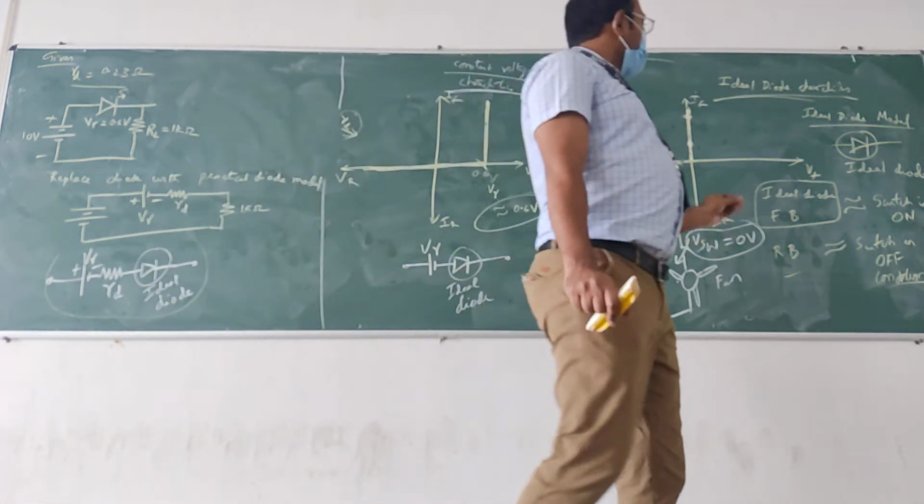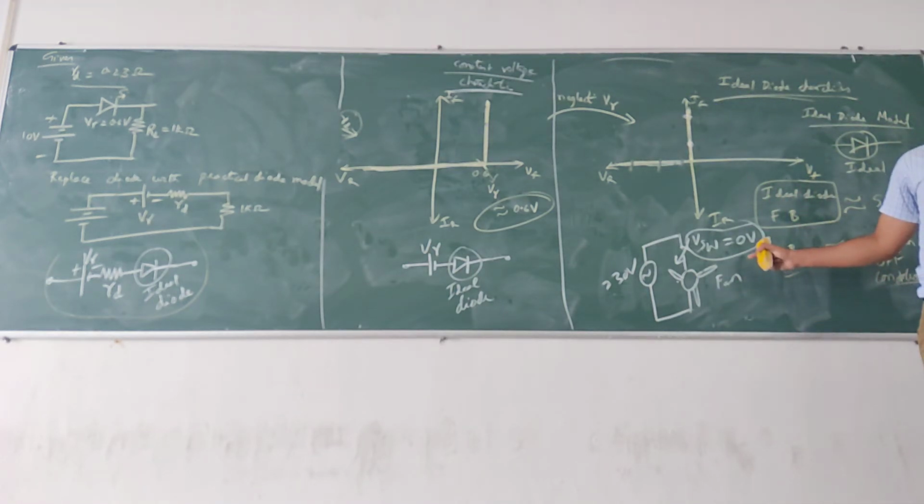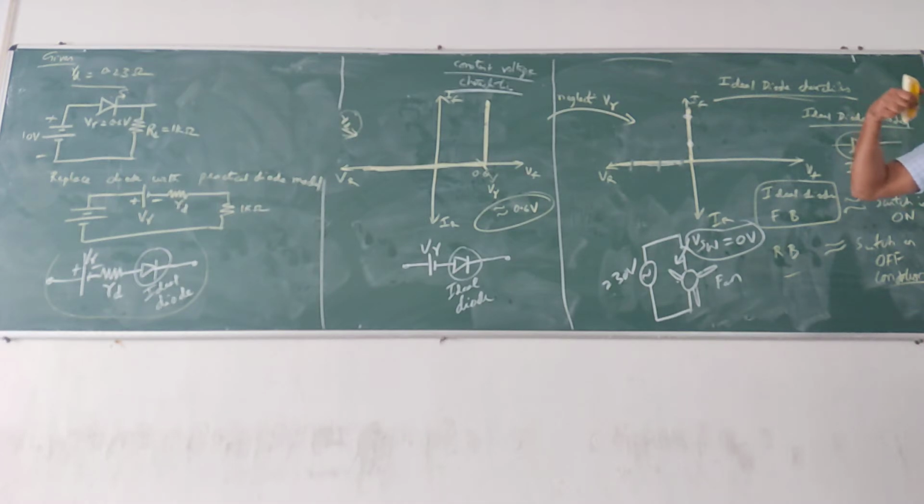What is an ideal diode under forward bias condition? Switch on. Whether you directly connect a fan with the plug or you put a switch on, both are the same. Is it? Without a switch, I will directly put it inside the plug point, which has a direct connection.